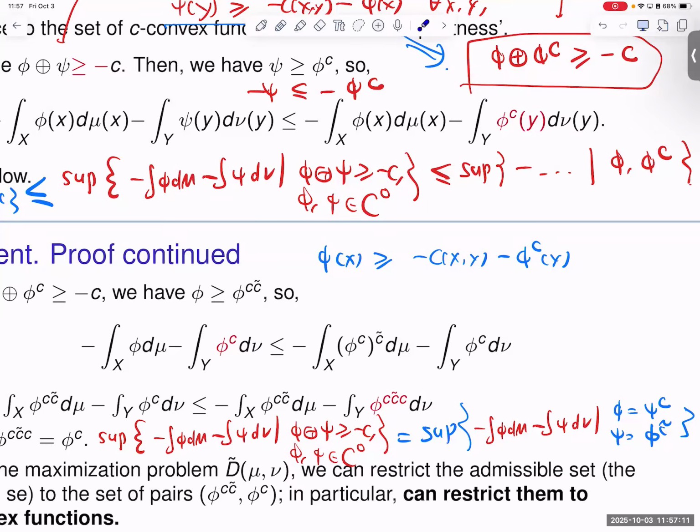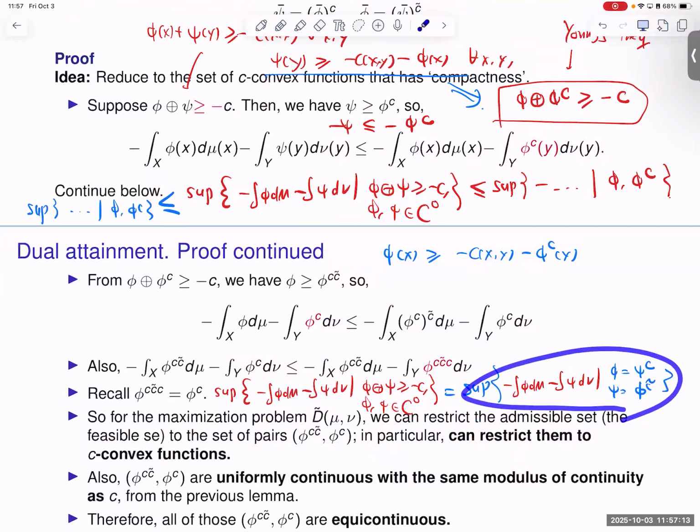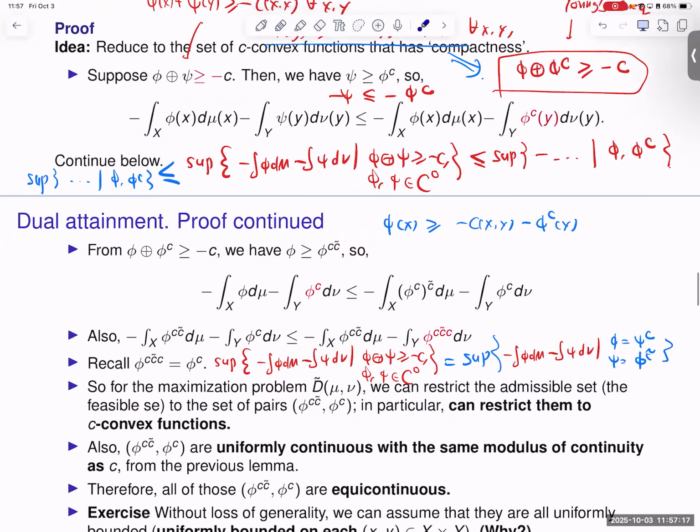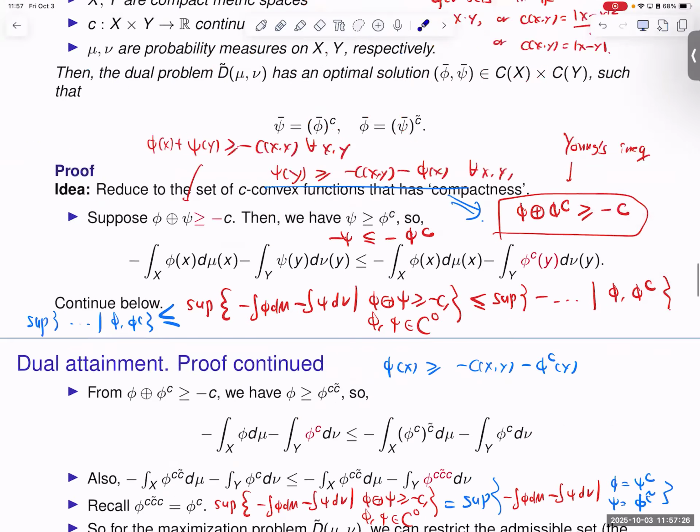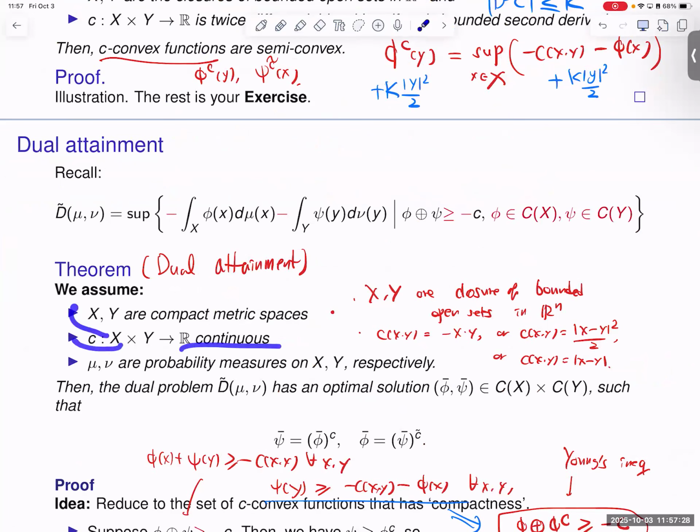Then we just need to examine this reduced problem. And then for C-convex functions, remember, in our case C is continuous, but the space is a compact space. So that means your C is uniformly continuous.